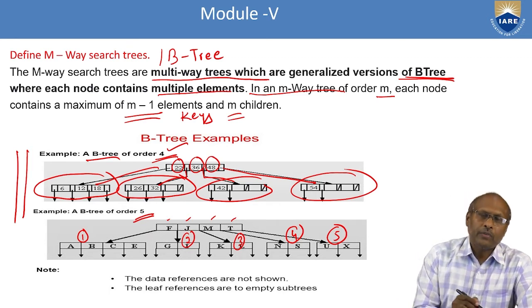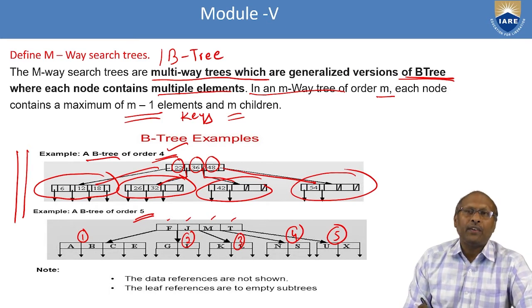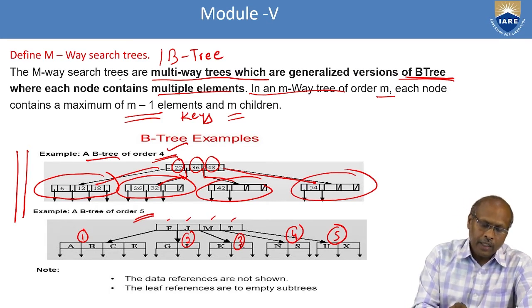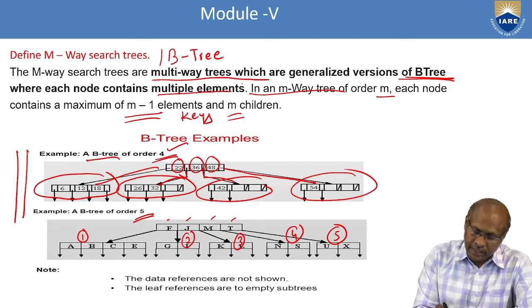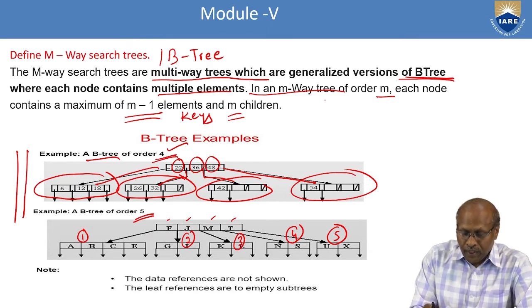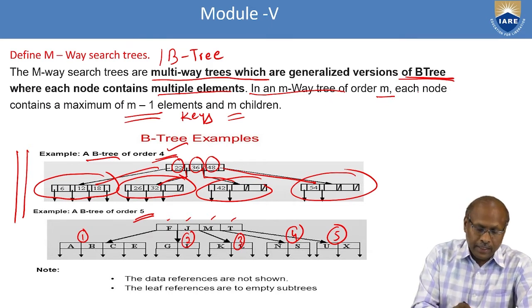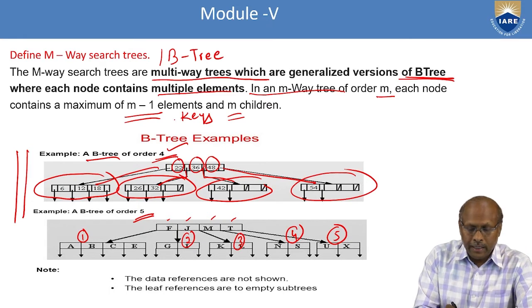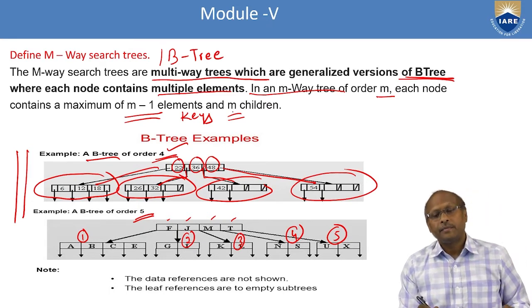Sometimes they may ask the question, define M-way search tree. Then what you have to say is: an M-way search tree, or a multi-way search tree, is a generalized version of B tree, where each node contains multiple elements. So in an M-way tree of order M, each node consists of m-1 elements and m children.